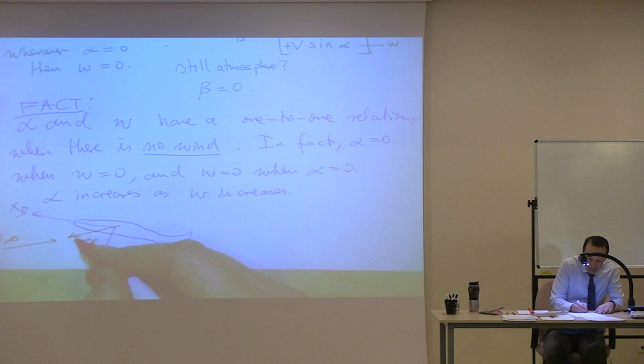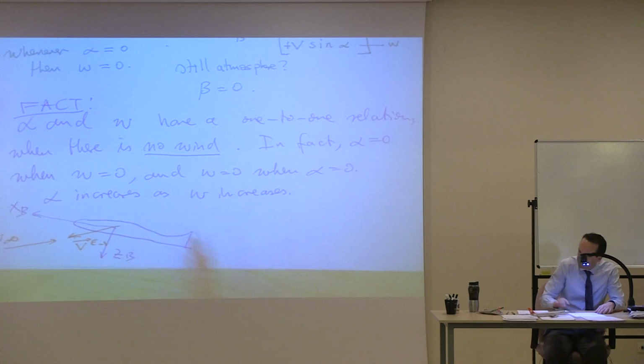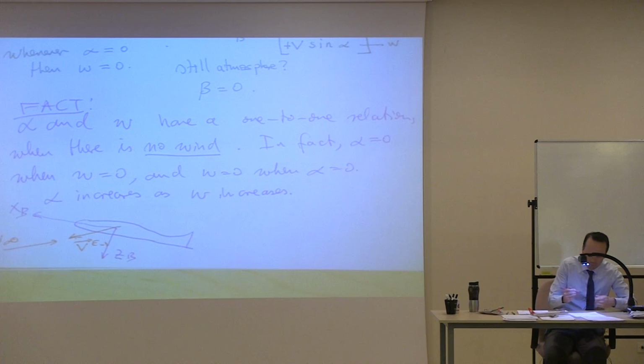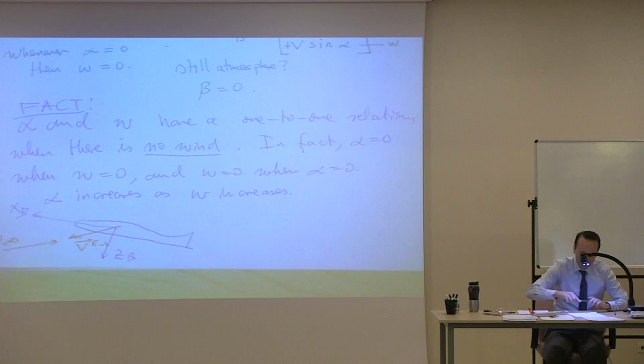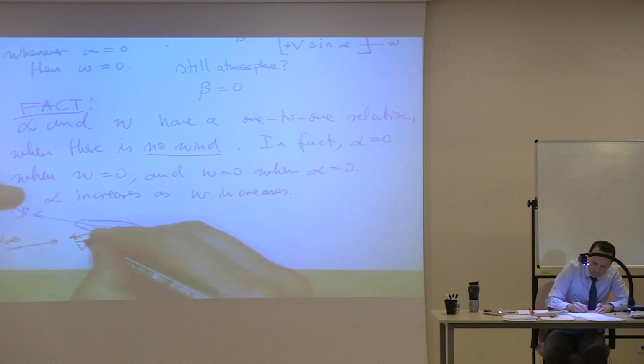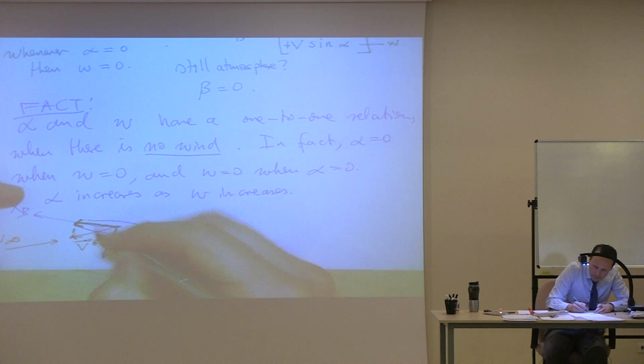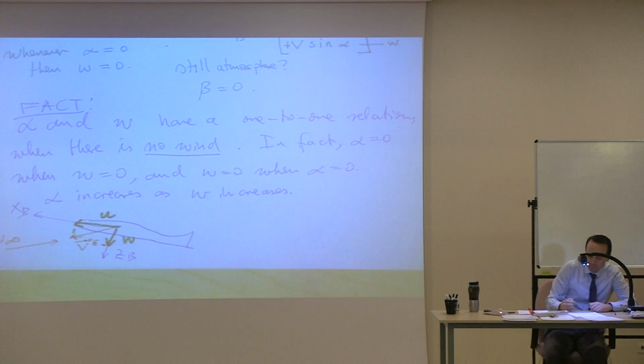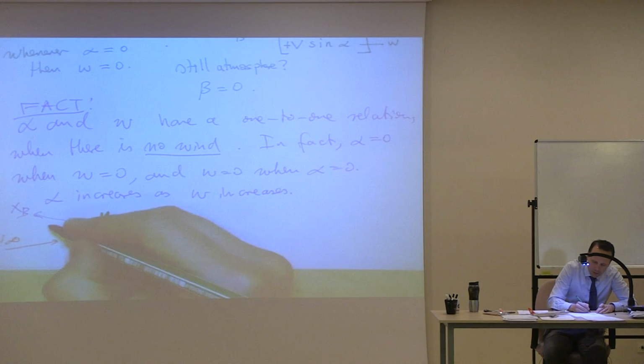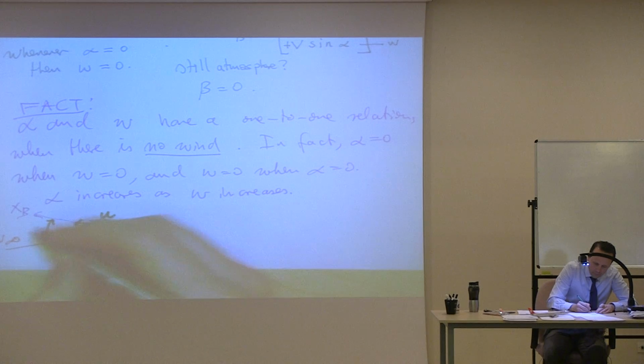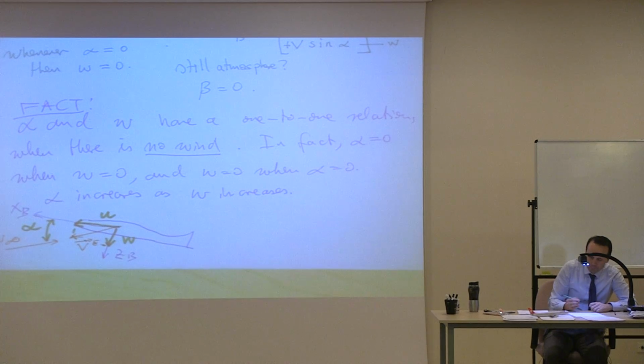Let me write it with this. So this one would be W, this one would be U. And this angle here we call alpha.